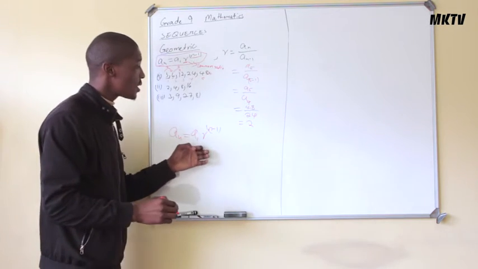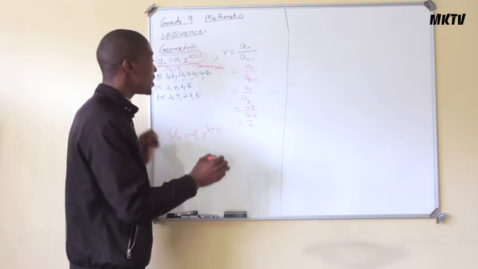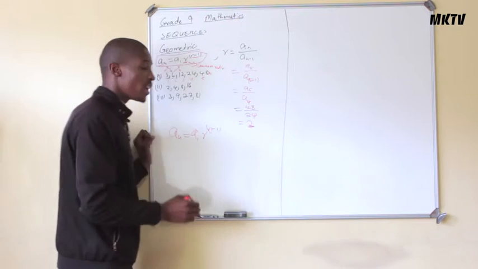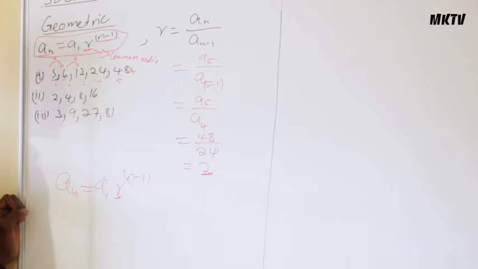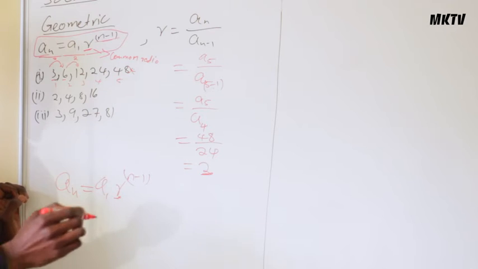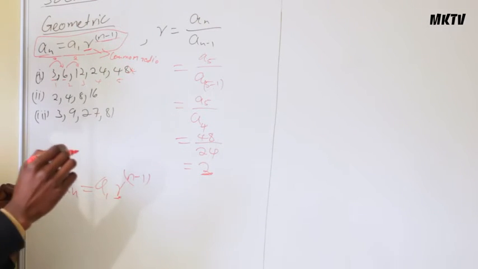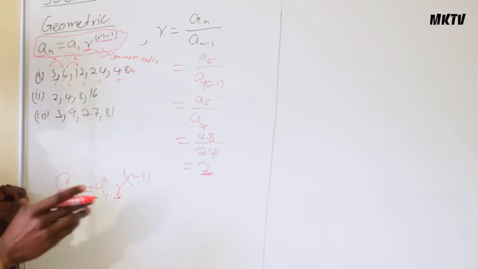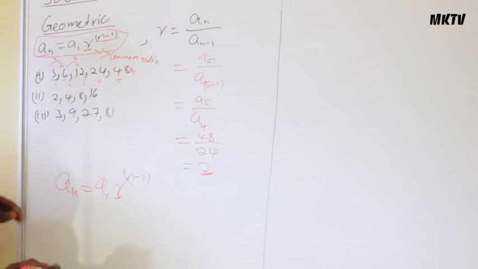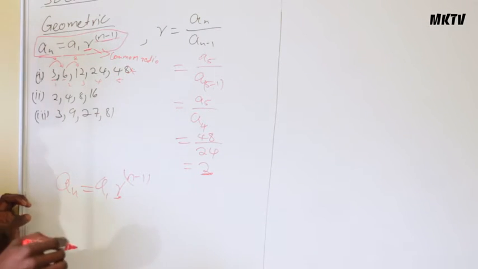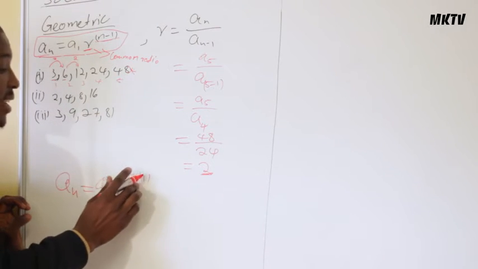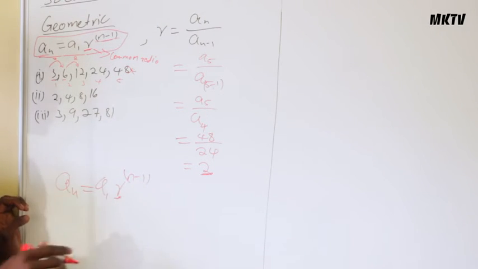From this, we have now calculated the common ratio being our r. And remember, this formula is called the nth term because it is written in terms of n. So in your answer, we should see the n.